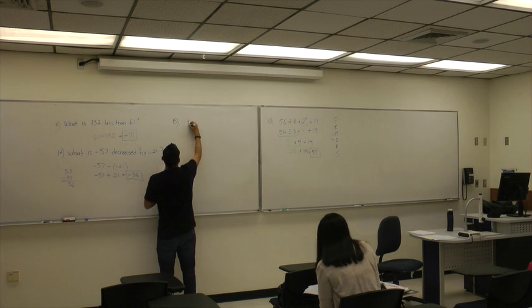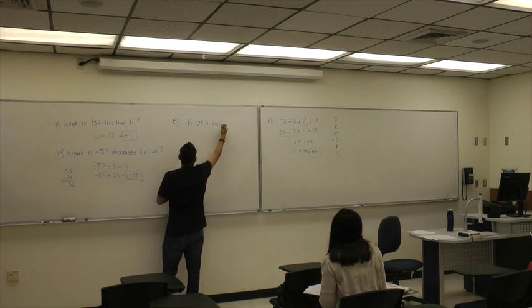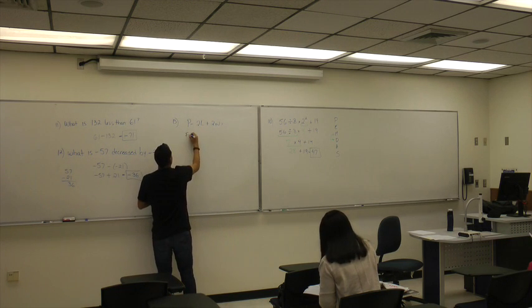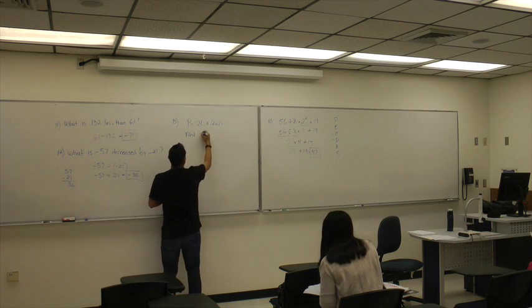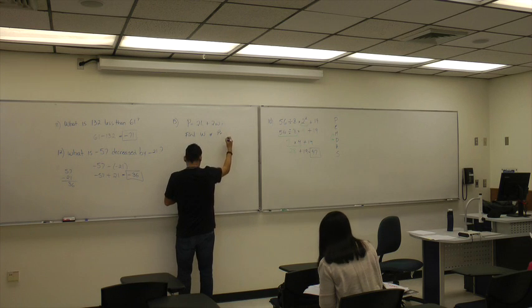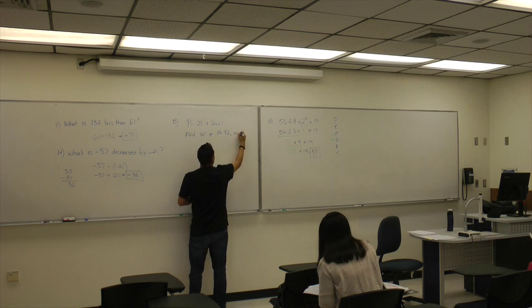Alright, they're going to give you this formula: P equals 2L plus 2W. Find W if P is equal to 42 and L is equal to 13.